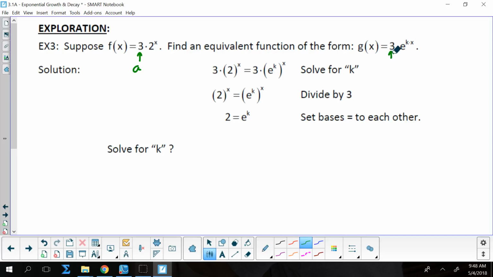Then we can divide both sides by 3, and that gives me 2 to the x equals e to the kx power. Since the exponents are equal, the exponent here is equal to the exponent there.